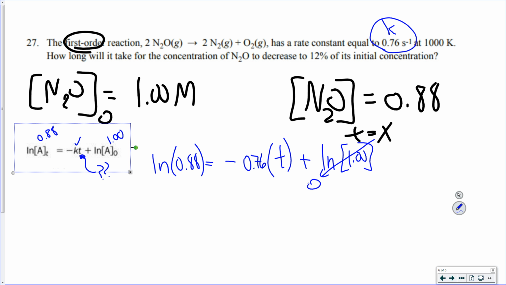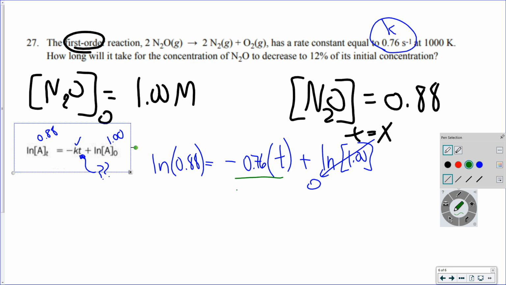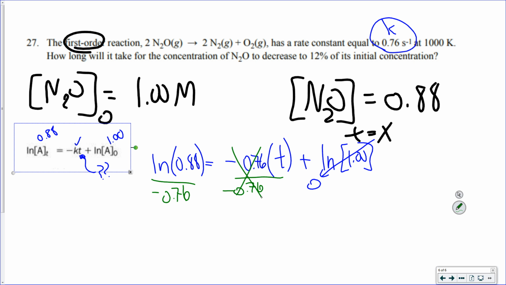If I take the natural log of 1, I find that it's 0. It actually drops out. Now if I want to find time, all I have to do is divide on both sides by negative 0.76. The negative 0.76 cancels out on one side, and the only thing I've got left is time.